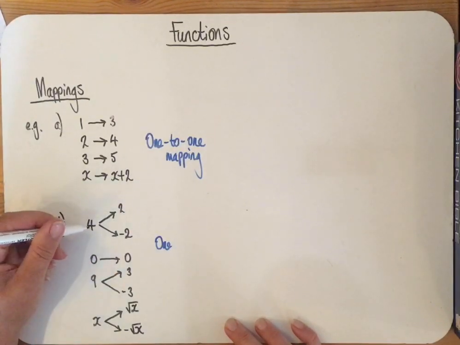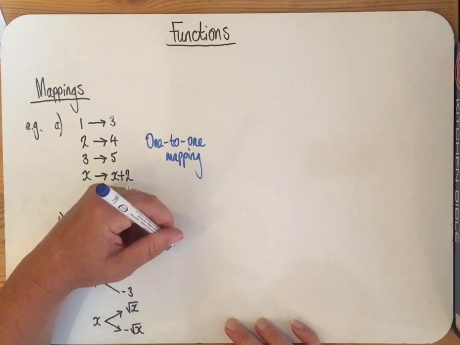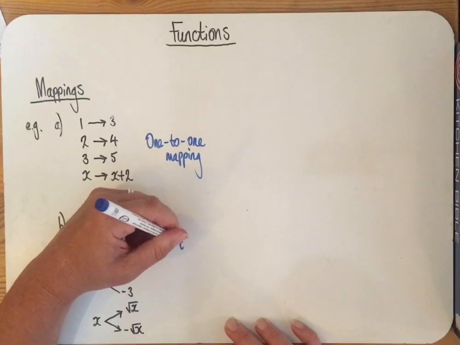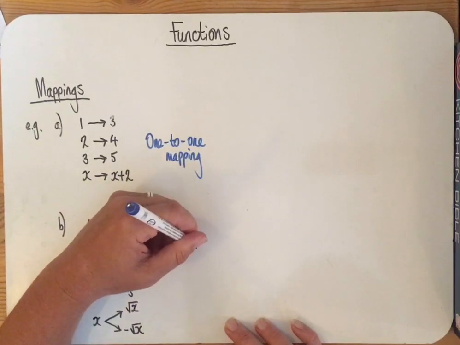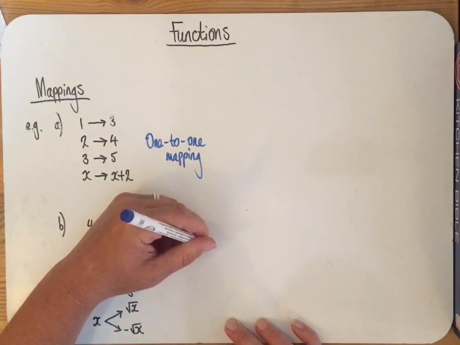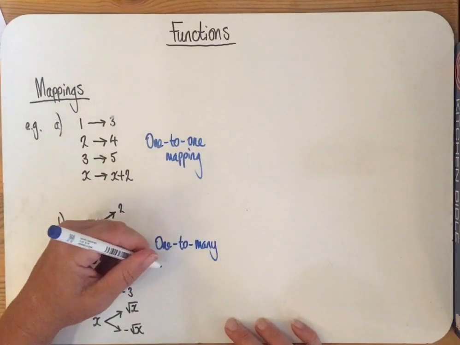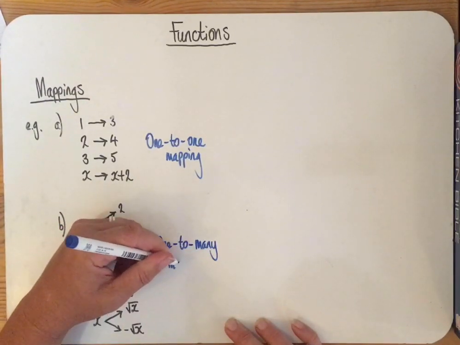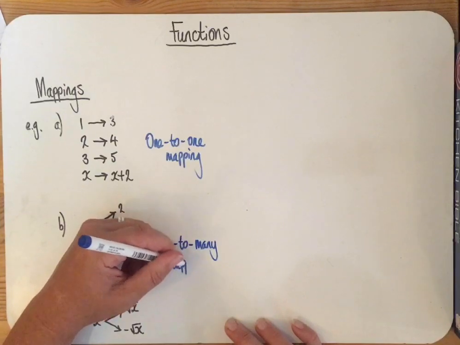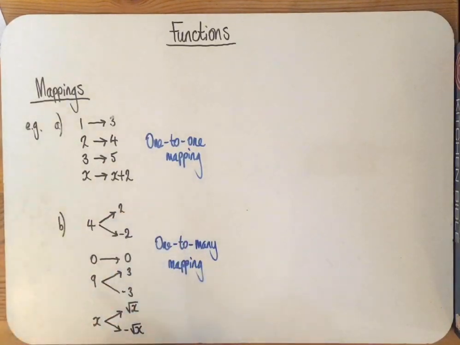So one value here is being mapped to more than one value on the right hand side. In a 1-to-many mapping, there can be elements which are 1-to-1, that's fine, but for that one in particular, it's going 1-to-many.